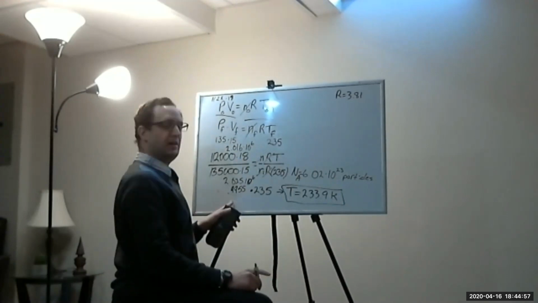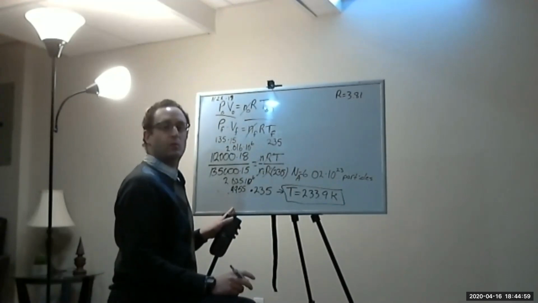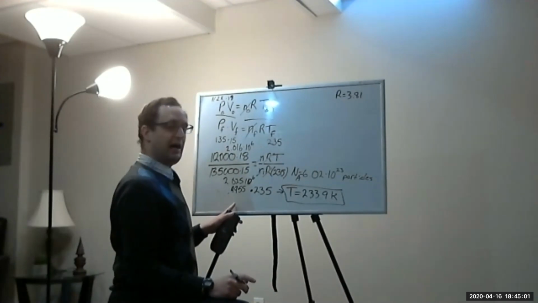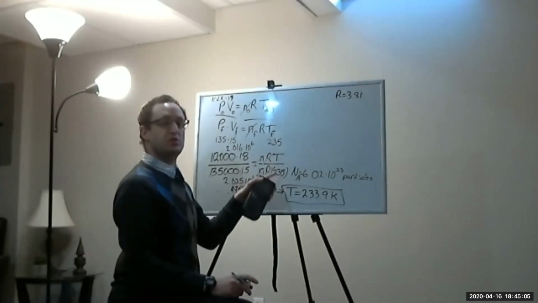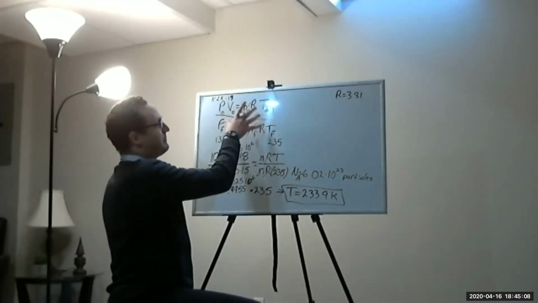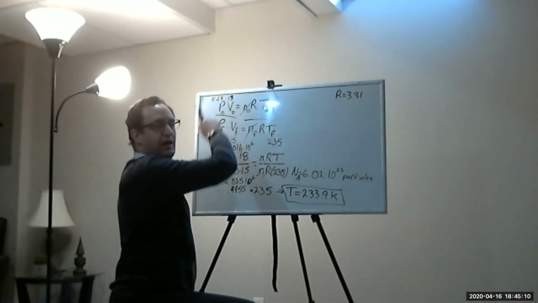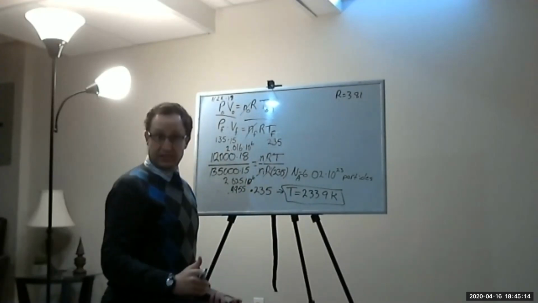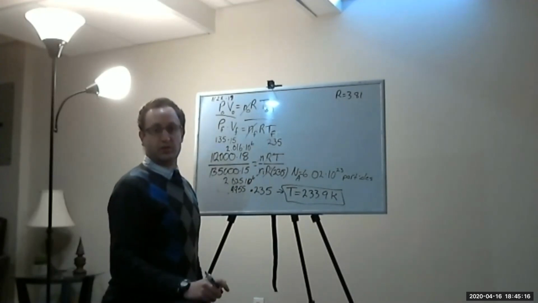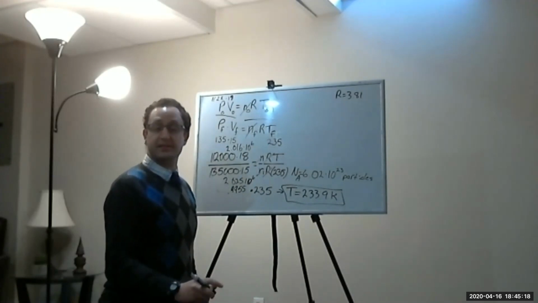Now, if that was a rounding error by the book and it was supposed to be 1, then this would actually have come out that the two temperatures were the same. All that happened here was that my pressure increased because my volume decreased, exactly like what we were showing in the simulation. Does that make sense?